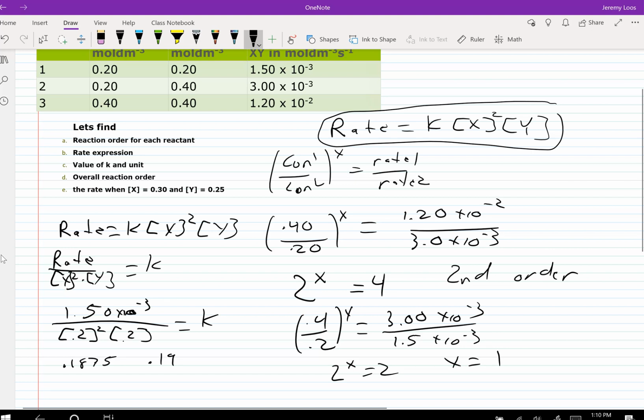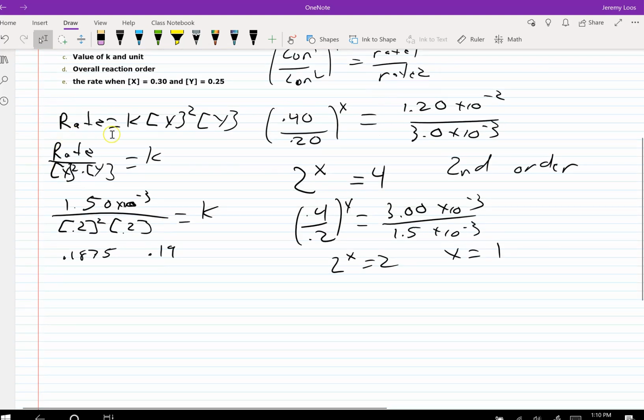But let's skip ahead. Overall reaction order, I already mentioned it's third, 2 plus 1. Now that we know K, I can find the rate at any concentration of x and y. Again, I've got an algebraic equation now. As long as I know everything but 1, I can find that thing that I'm missing. So now that I know K, I can find the rate, call this 0.19, when x is 0.3, don't forget to square it, and y is 0.25.